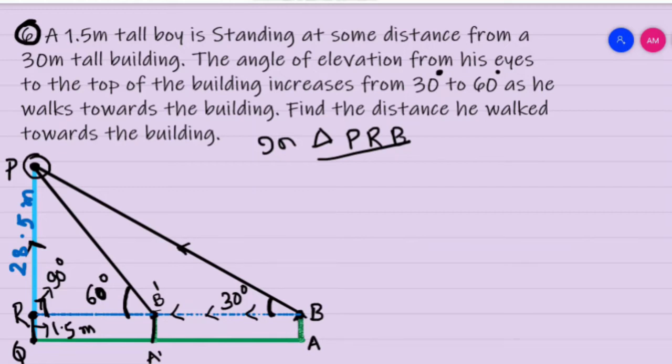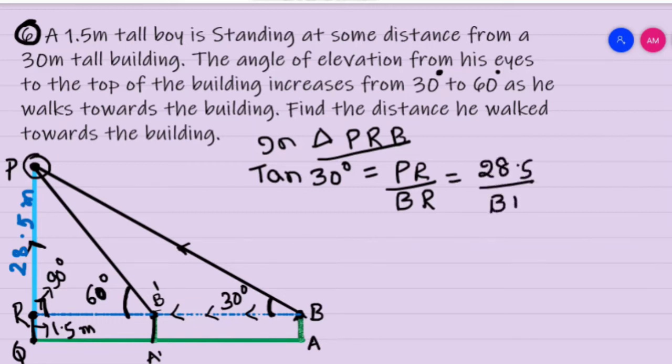So that means tan you have to take, because tan angle will be equal to opposite side by adjacent side. So tan 30 degrees will be equal to PR by BR. Okay. Now PR is equal to 28.5 and BR is not known to you.